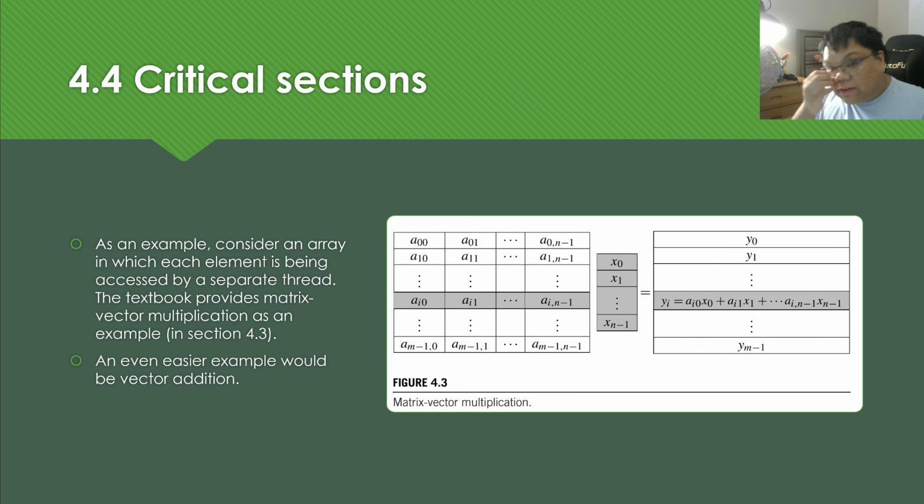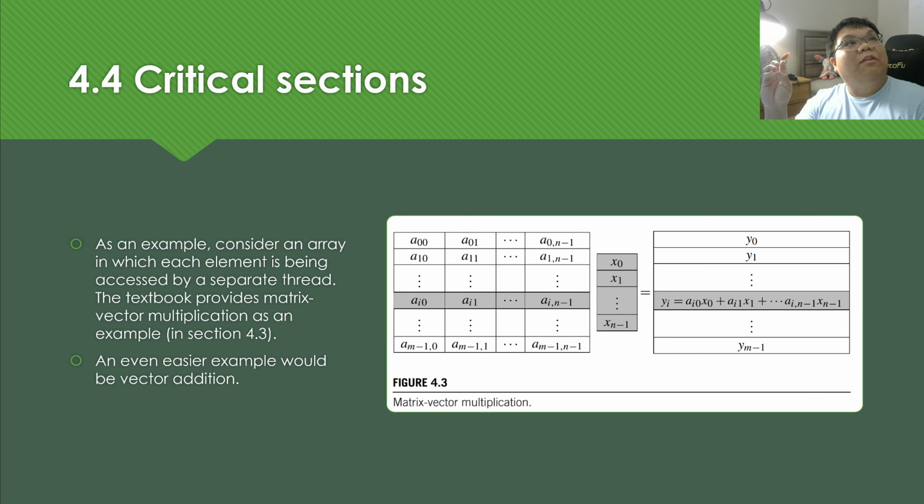Say you have a 1000 element vector and another 1000 element vector, and you're trying to add them and store the result into another 1000 element vector. For example, we would have the 357th element be calculated by a thread, and then the 358th element by another thread, and then the 359th element by another thread.